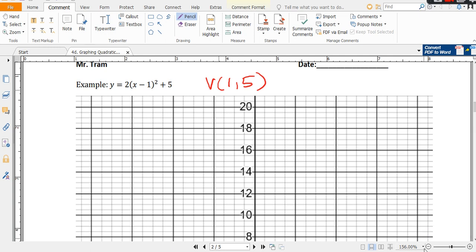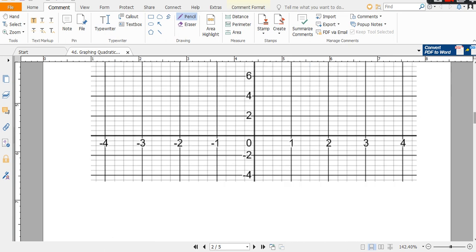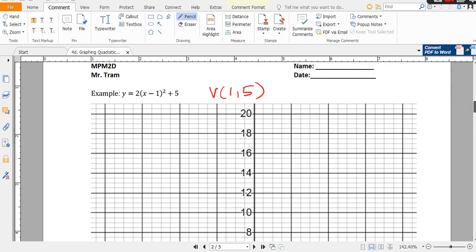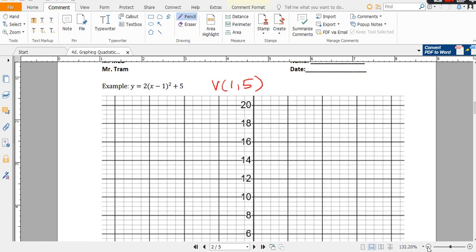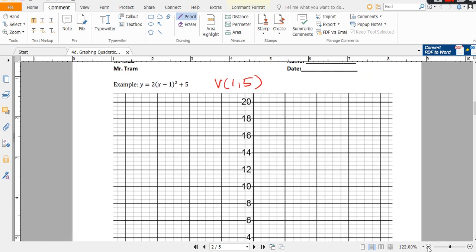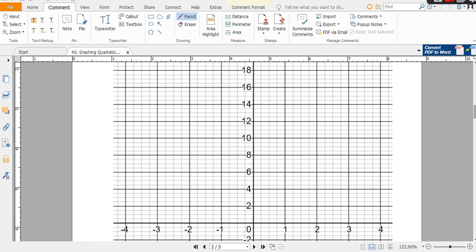I'm going to make this a little smaller. So my vertex, I know, would be at (1, 5), which is right there.